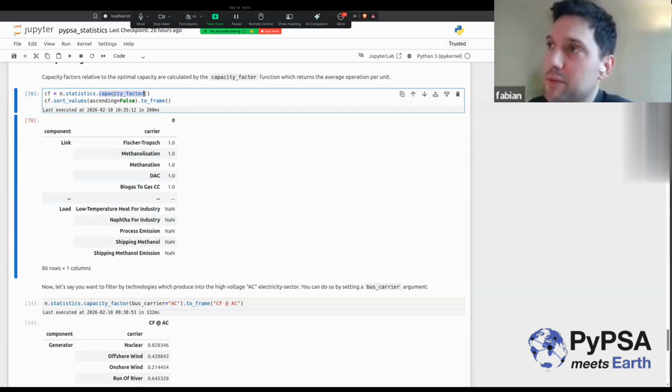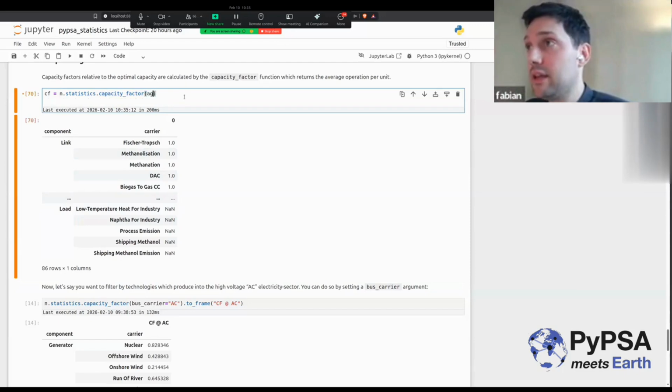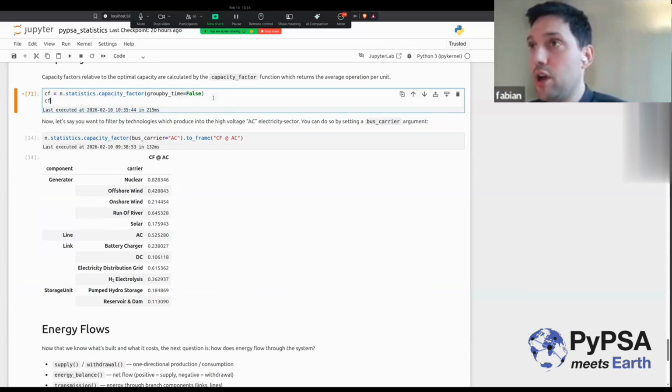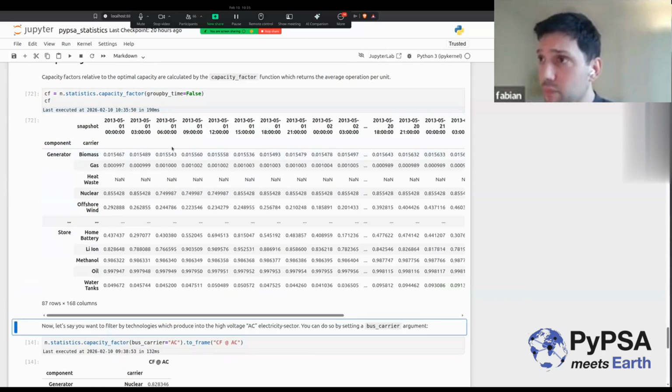It might be helpful sometimes to see the capacity factor. Especially, you can now keep it as group by time, I guess group by time equals false. If we do that, it should return a time series of all the components, again grouped by the group specification that you put in, giving you the capacity factor as a time series.